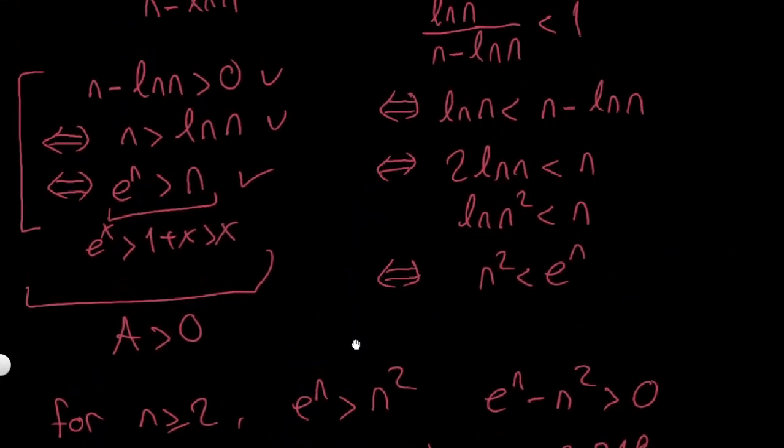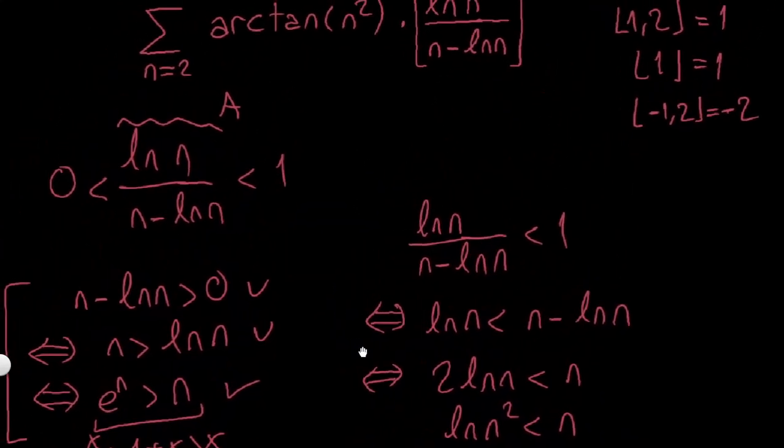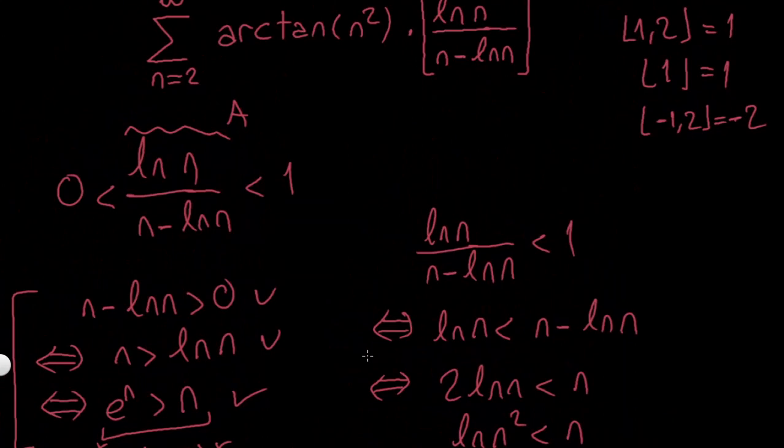Okay, cool. So I actually finished this. I showed that this is true for n greater or equal than 2. And therefore, I can just finish my question. So I showed that this a, here I showed it with a for simplification, is between 0 and 1.